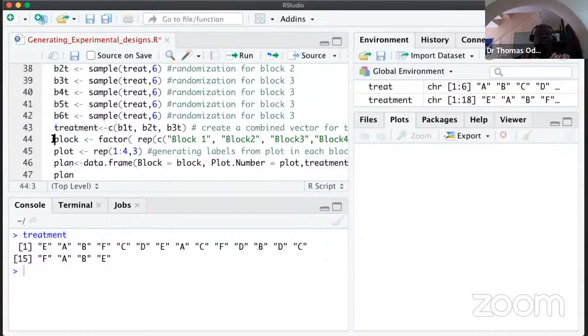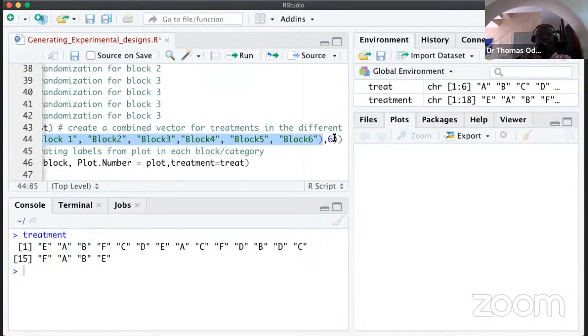And then we also need the block attached to it. So the first thing that we are doing here is we get our 6 blocks.